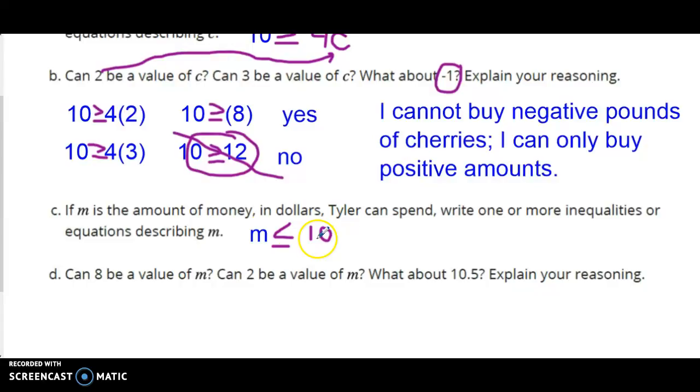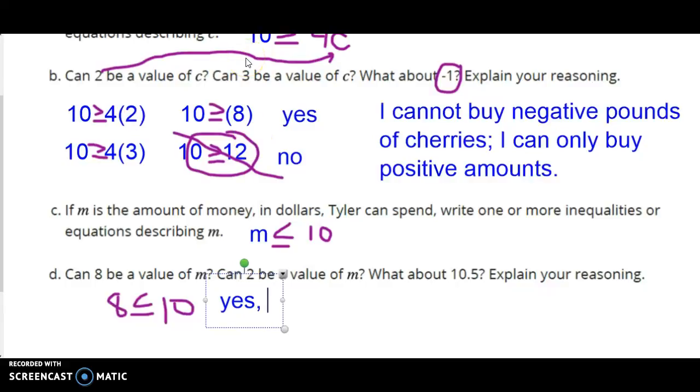So this is actually a much simpler inequality. Can 8 be a value of M? Is 8 less than or equal to 10? Yes. So my answer to my first question is yes.